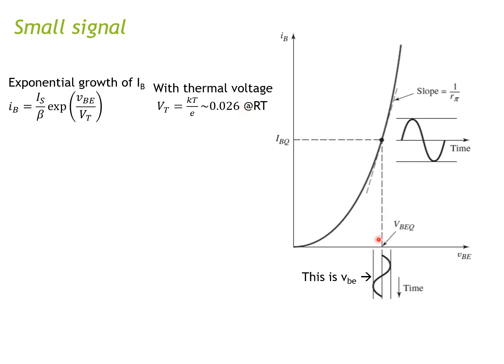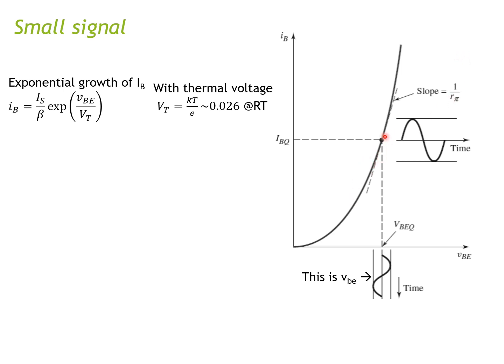Okay, so what is the goal here, and why are we calling this one small signal mathematical model? If you see exponential growth, it's difficult to analyze, difficult to predict, right? If you want to build an amplifier, you want the growth relationship to be linear. However, this is exponential.